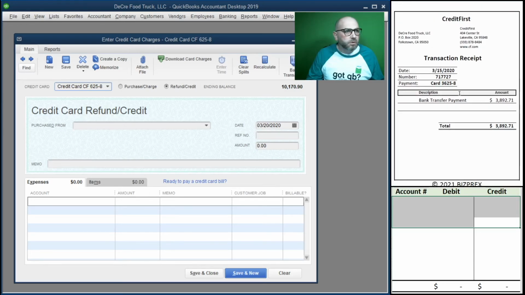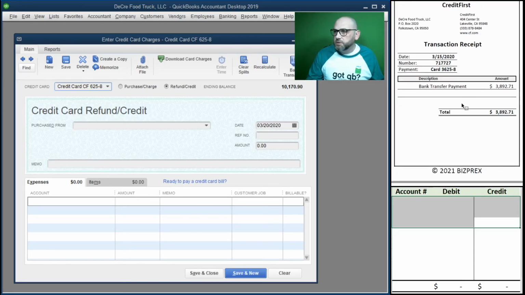And we have one more that we need to book, and that's our transaction receipt for the payment, right? So essentially, we're making a payment from our bank account. It's very similar to what we just booked, so we're going to stay in the same Refund Credit.